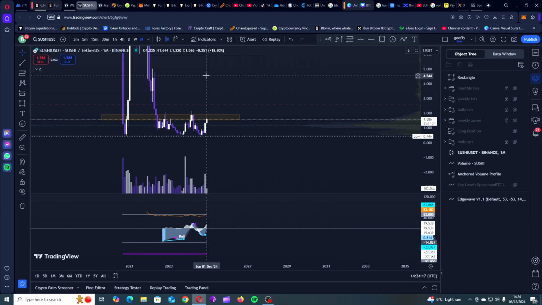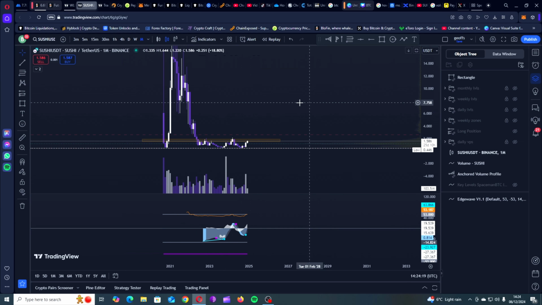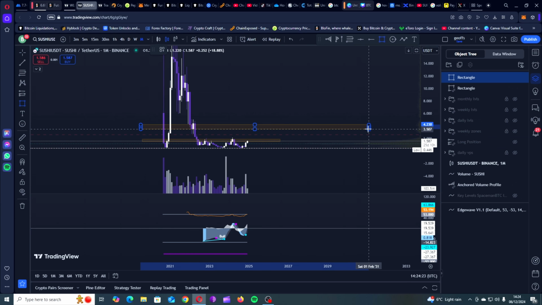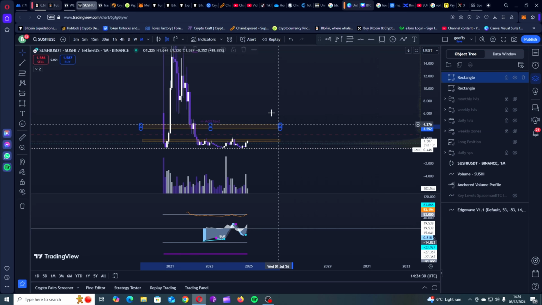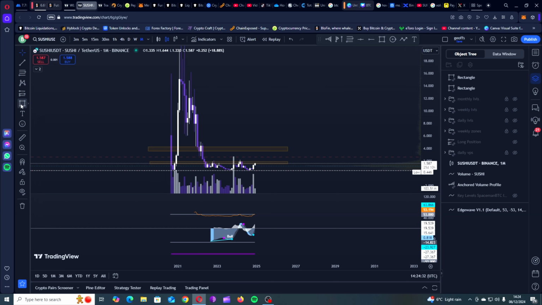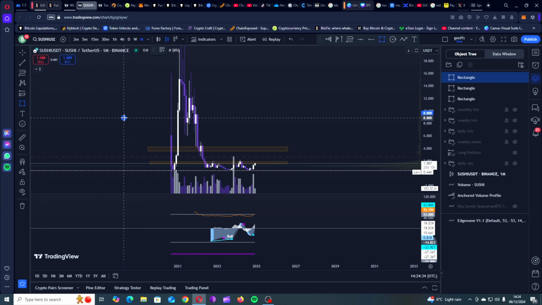Doesn't need to be that big. Next monthly zone we have around here. Don't know why I keep making it so big. Next monthly zone around here.